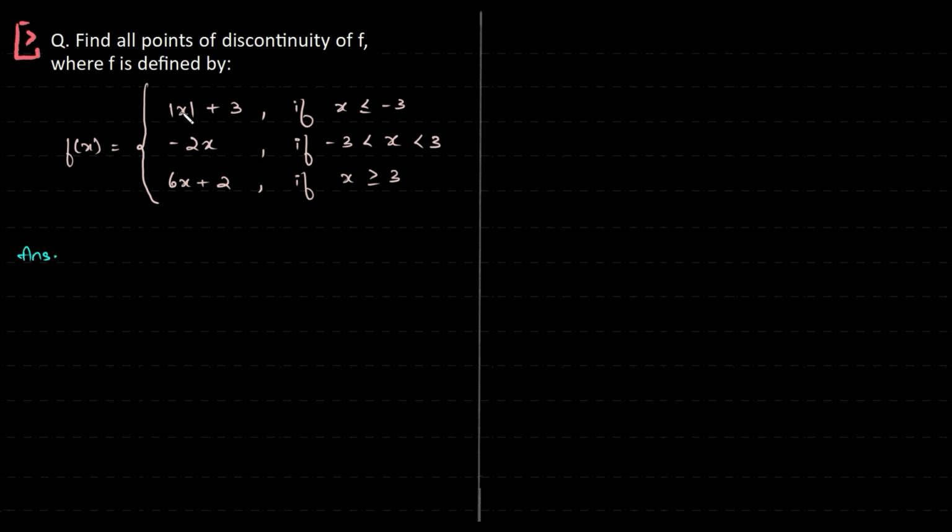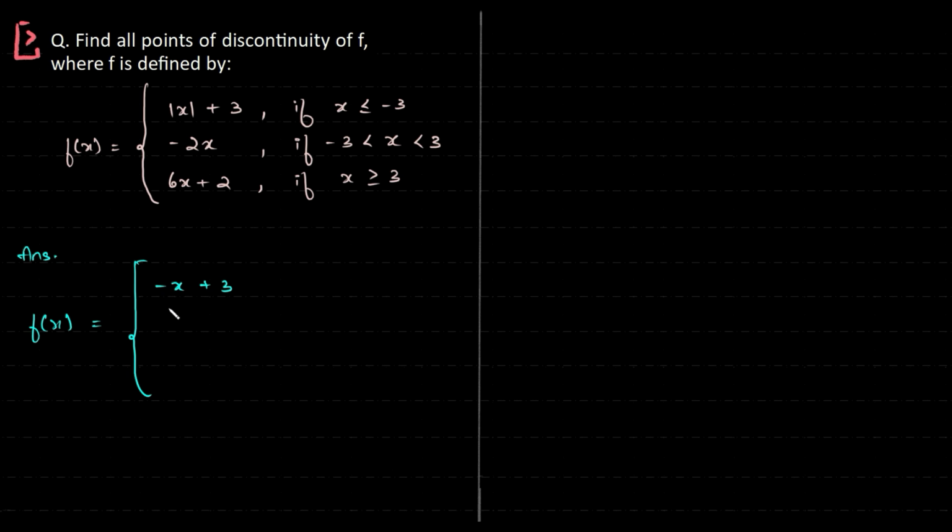Now I want to remove this modulus and re-express in terms of a normal expression. So that would be minus x plus 3. The reason being, since all of these values will be by default negative, we'll have minus 1 multiplying with whatever the input value is.